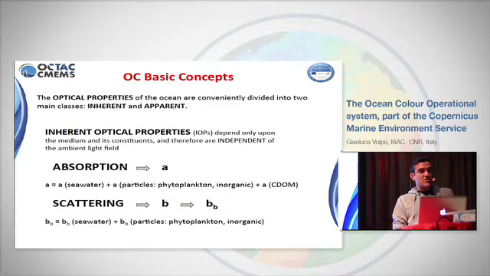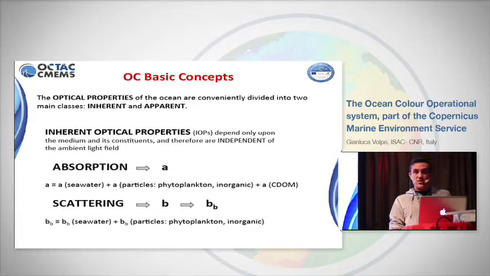The optical properties of the ocean are conveniently divided into two main classes, the inherent and the apparent optical properties. The inherent optical properties, the IOPs, are those that depend only upon the medium and its constituents, and are therefore independent of the ambient light field.